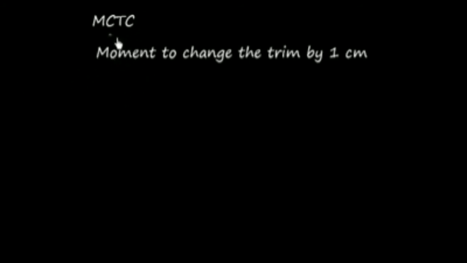Now let us discuss MCTC, which means moment to change the trim by 1 centimeter. This is one of the important hydrostatic particulars which is used in stability calculation. Suppose we need 200 ton meter of moment which creates a change in the trim of 1 centimeter.